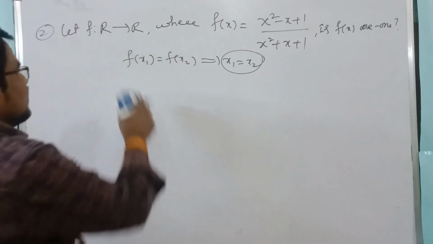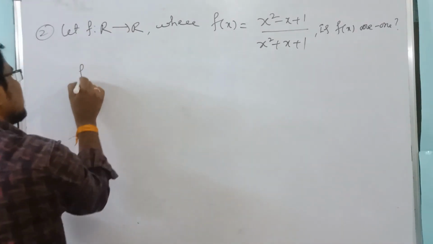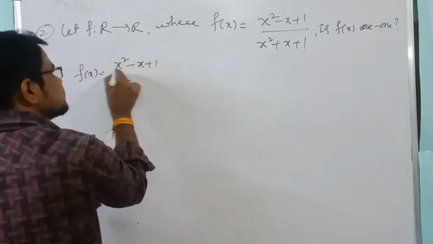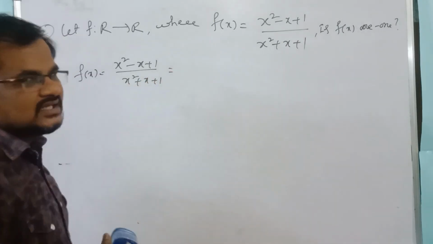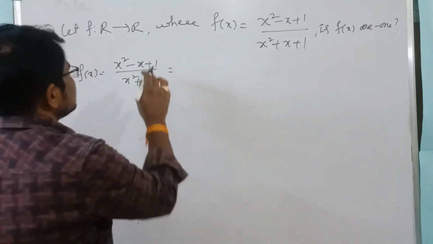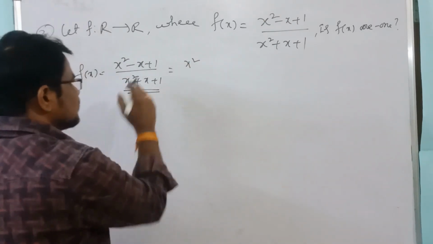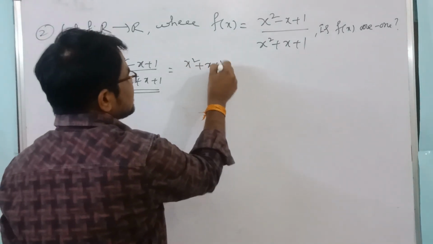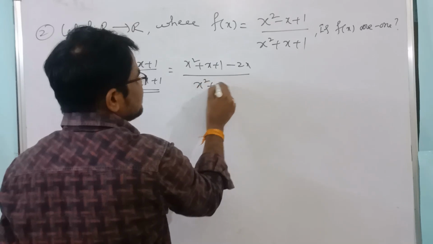Now for that, first I will construct this one like this: x square minus x plus 1 divided by x square plus x plus 1. For easy simplification, I will write it as x square plus x plus 1 in the numerator also, minus 2x, divided by x square plus x plus 1.